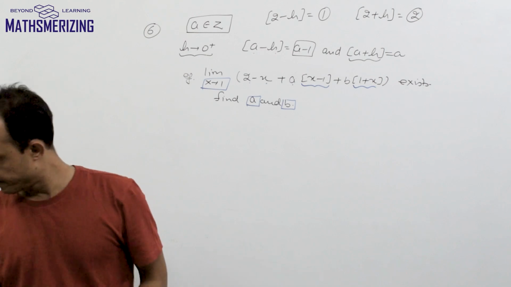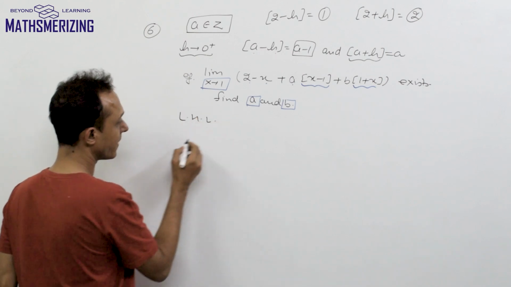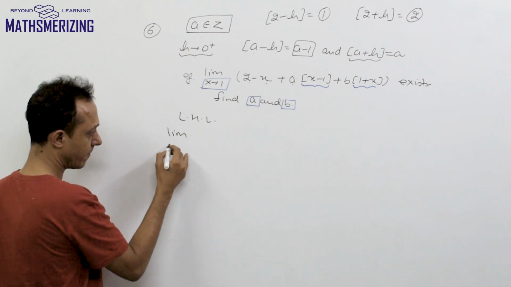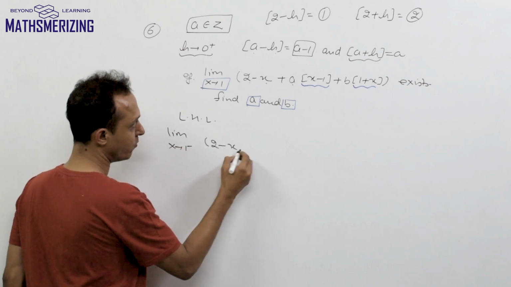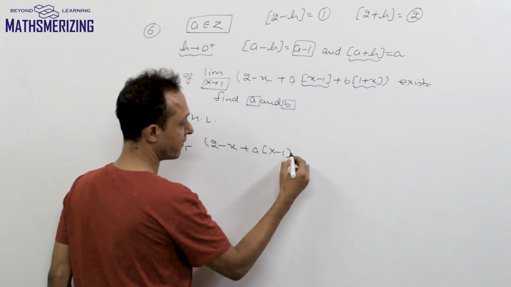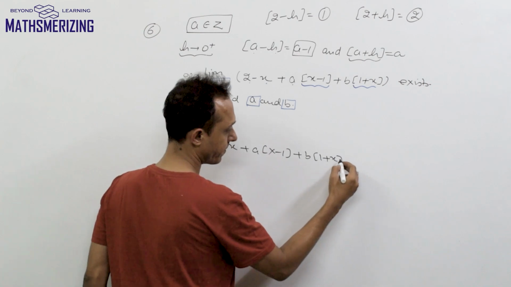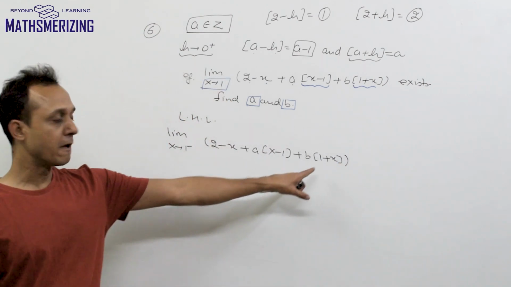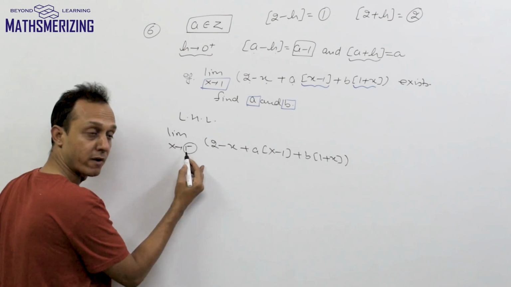So I can write the left hand limit as limit x tends to 1 negative of 2 minus x plus a into the greatest integer function of x minus 1 plus b into the greatest integer function of 1 plus x. Now it is 1 minus, so we are approaching 1 from the left hand side.